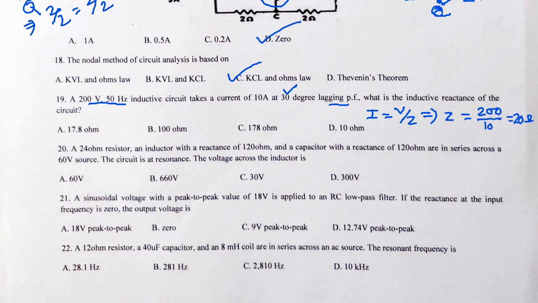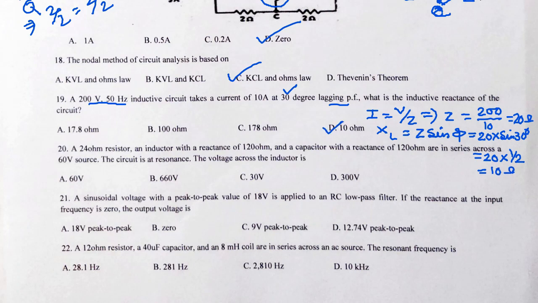Now we know that inductive reactance XL is equal to Z sin phi, where phi is our power factor angle. So this is equal to 20 into sin 30 degree. That means XL equals 20 into half, because sin 30 degree is half. So this is 10 ohm. So option D here is the correct answer.